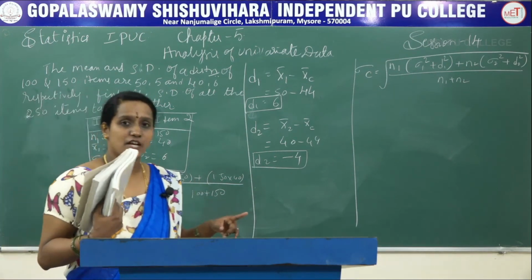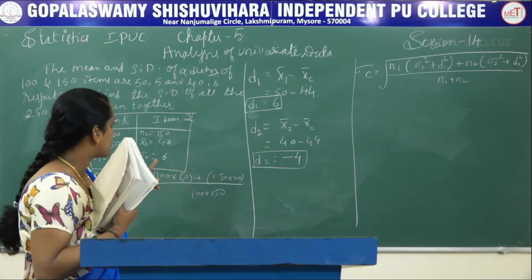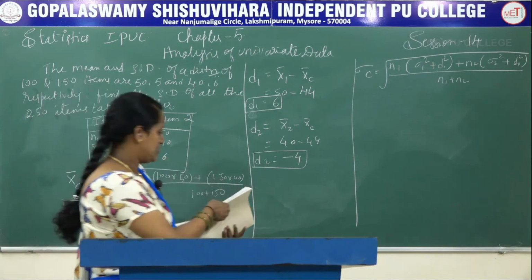To find the combined standard deviation, the formula wants N1, sigma 1 square and D1, all the values here only, just we will substitute the values.